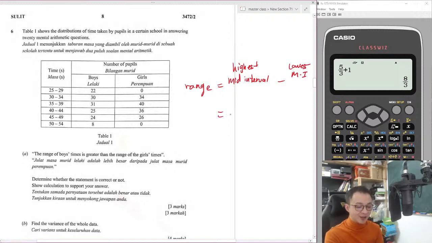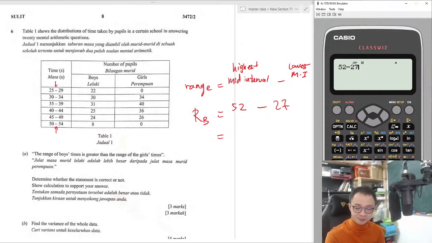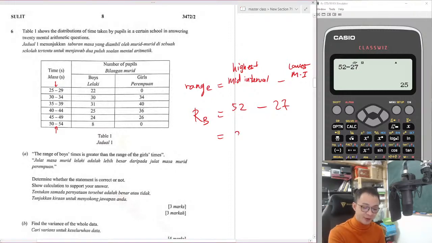Okay, I want to find the range for boy here. I will find the mid interval for the highest one, which is 54 plus 50 divided by 2, which is 52, minus the mid interval for the lowest one, which is 27. Then you will get 25. Then I find the range for girl.